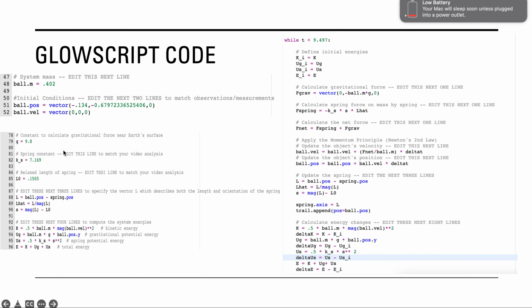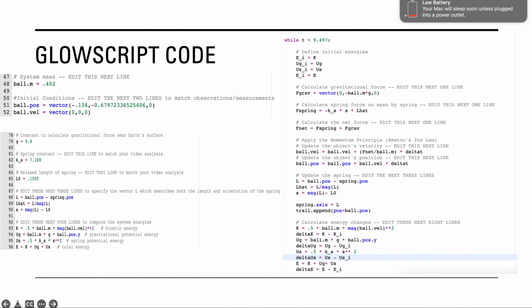So for the GlowScript code, we start off with the basics. I used the default video, so the mass was 0.402 kilograms, and the position of the ball or the object was found in the tracker, which is listed right here. So using the formula in the last slide, we calculated the spring constant by using the change in time, and then by using the spring constant, we found the relaxed length of the spring, which is listed right here.